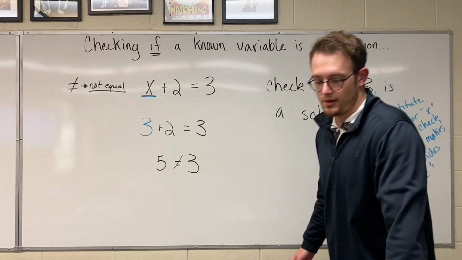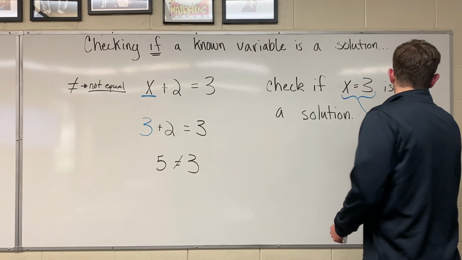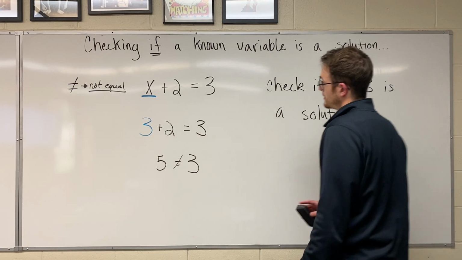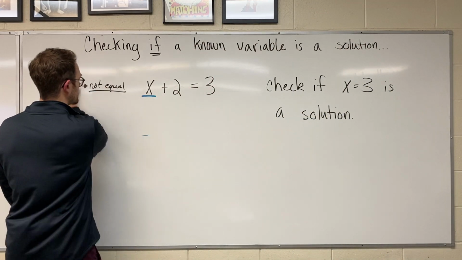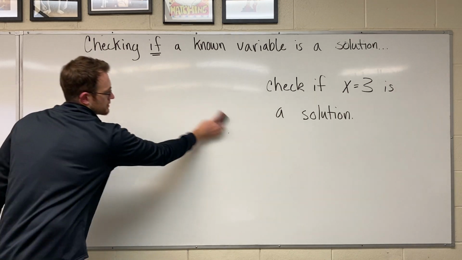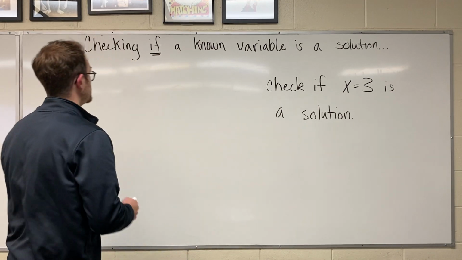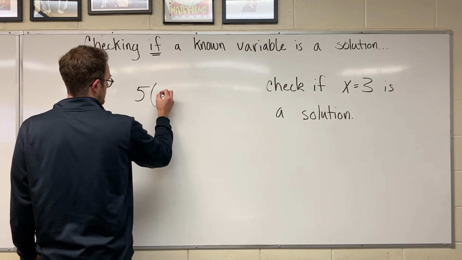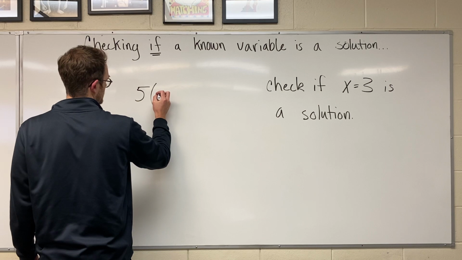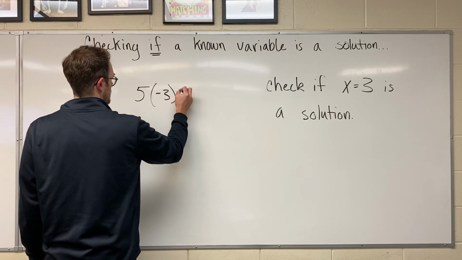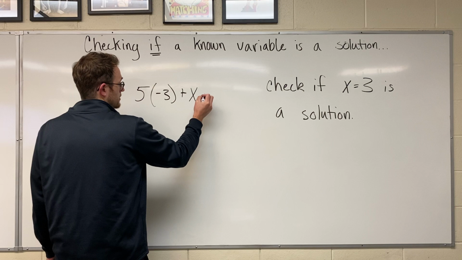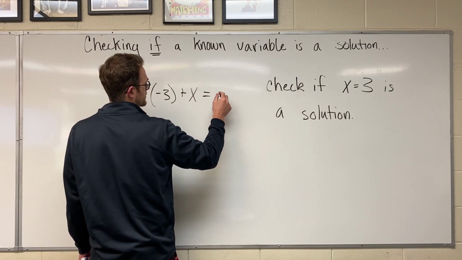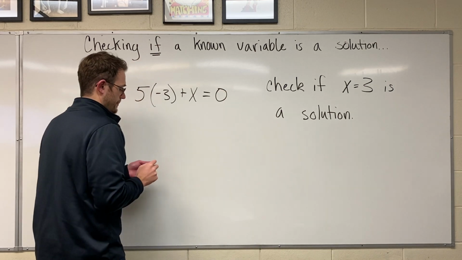Okay? So let's go through, erase this stuff. Do a different example. Let's do, I don't know, 5 times x plus 15 equals 0.